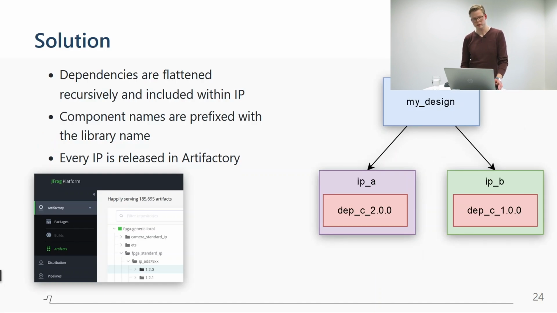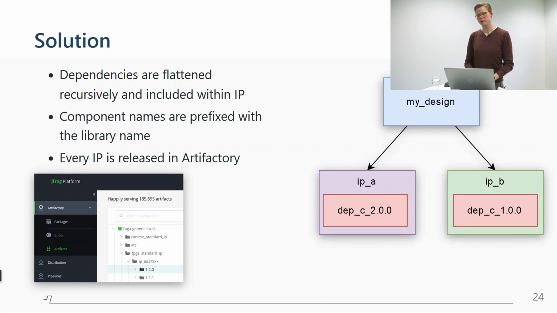What we do is we simply flatten all dependencies recursively. This means that instead of multiple libraries of VHDL files, we put all the stuff in a single library, and we change all the names of entities and uses and append something to that name to make it unique, and we put everything in a single library, which is just fully portable.